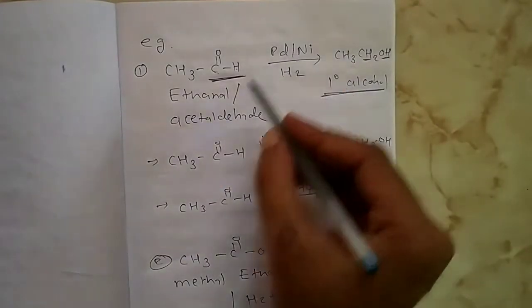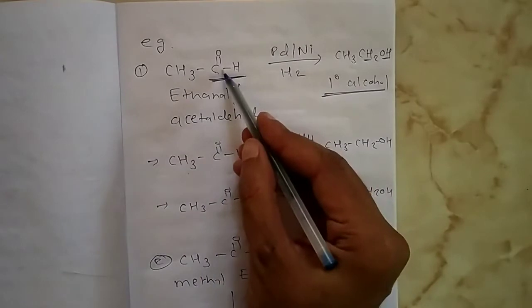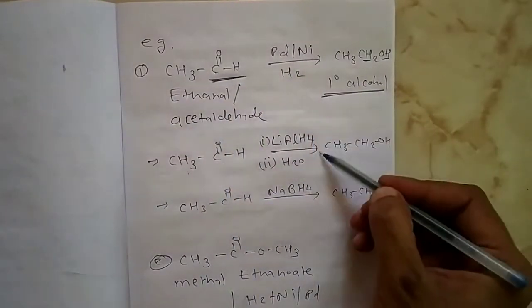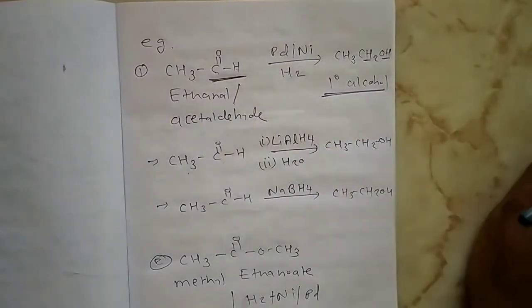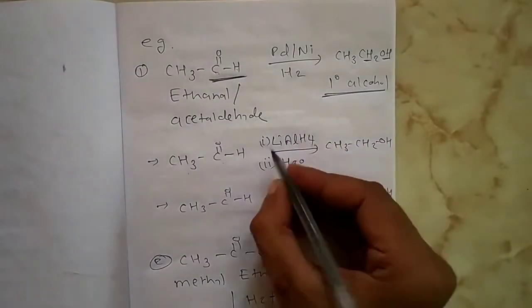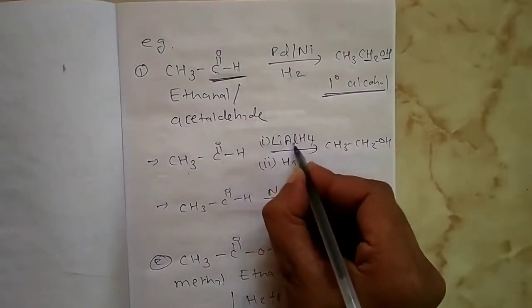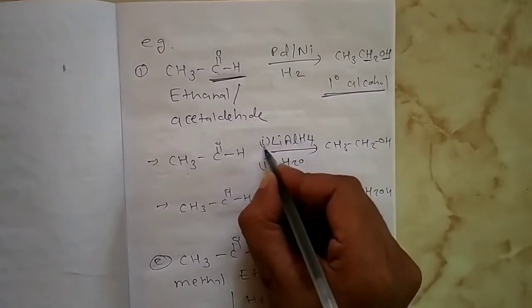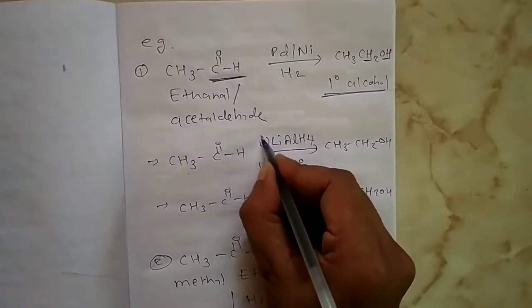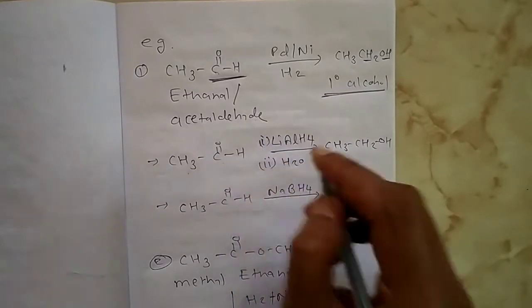Similarly, I have used the same starting material here, but you can see the reducing agents are different here. Now one thing you have to remember very carefully: whenever you use lithium aluminum hydride, use it in the first step, this first indicates the step.